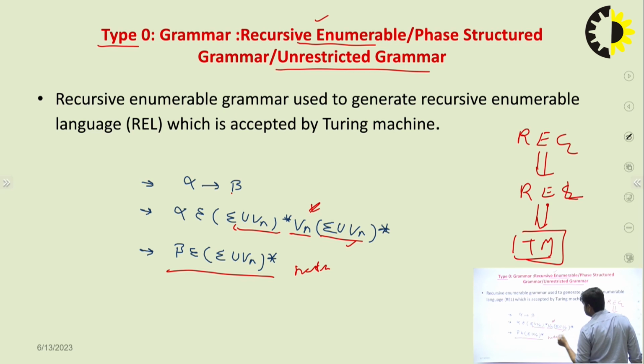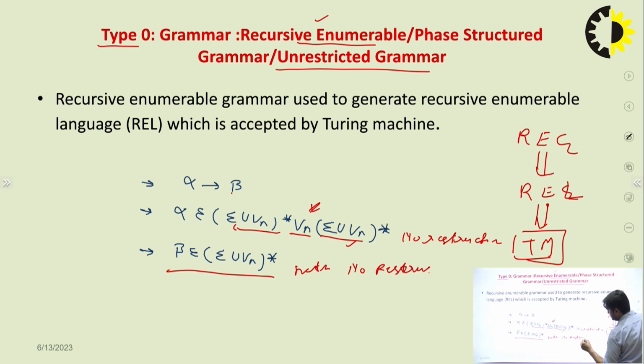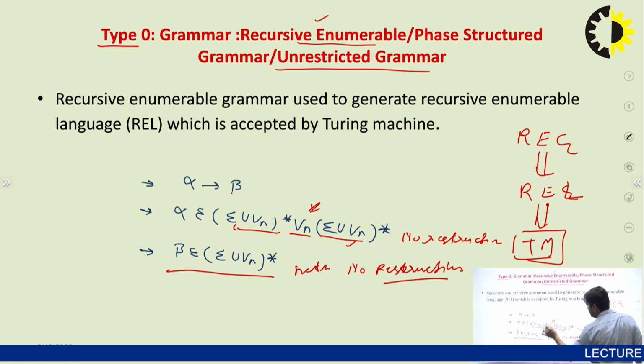The left hand side also has no restriction, and the same for the right hand side: no restrictions. This is an unrestricted grammar, with no restrictions on both sides, and that is also the definition of the grammar. Let's take an example.